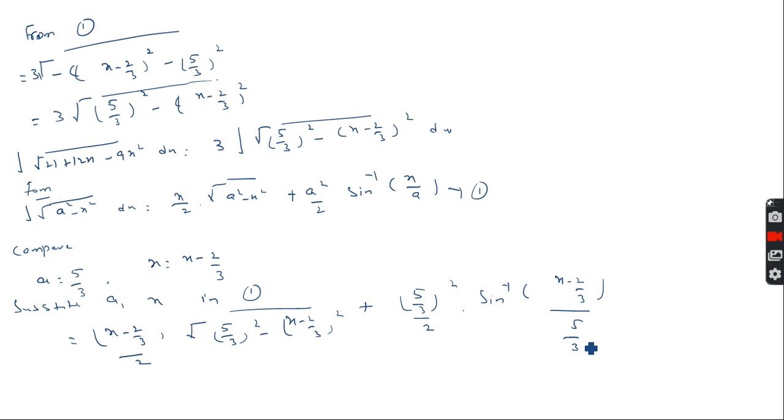So after simplification, we get 3x minus 2 divided by 6 into root of 21 plus 12x minus 9x square, plus 25 by 6 sin inverse of 3x minus 2 by 5.